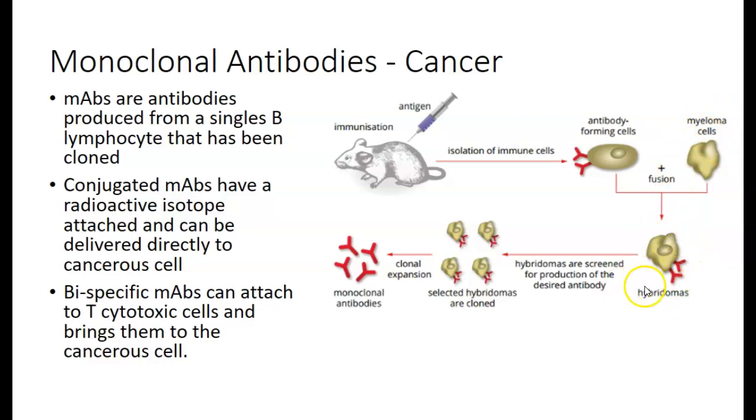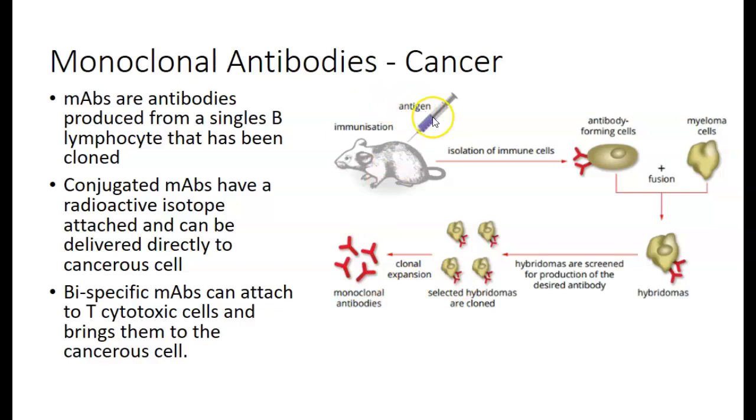The hybridoma is meant to be, they call it an eternal cell, a cell that has a longer shelf life. The B lymphocytes themselves will die off after a certain period of time. The hybridomas live longer than a regular B lymphocyte, allowing them to have a longer lifespan. Those hybridomas get cloned, and they all have the ability to produce an antibody that we know is complementary to the original antigen.